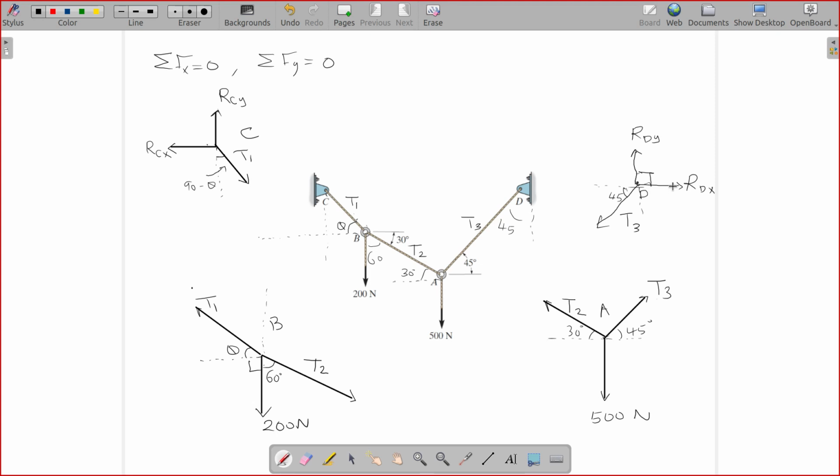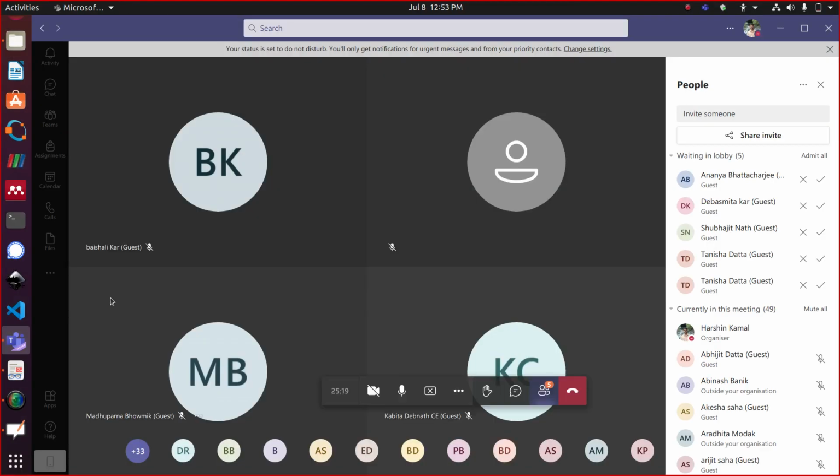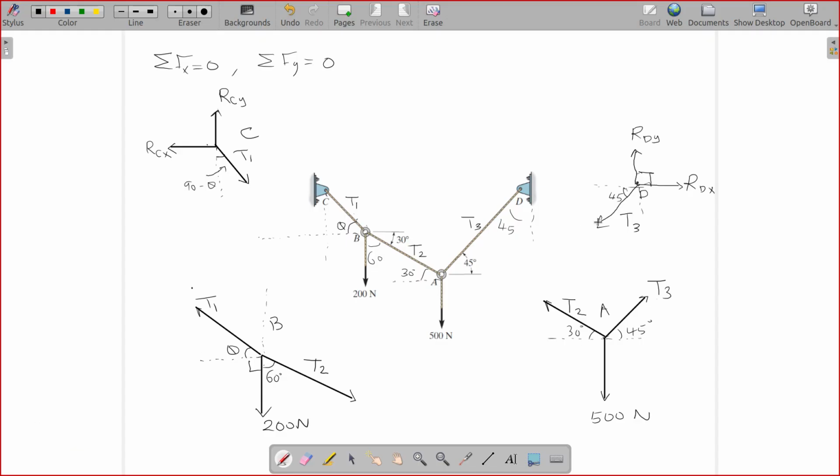Which one will I solve first? Can you guess that here?